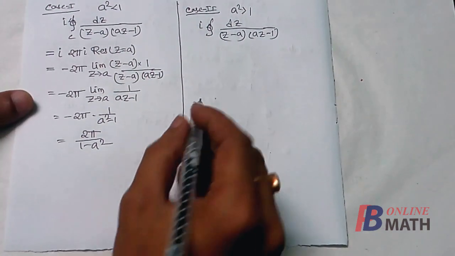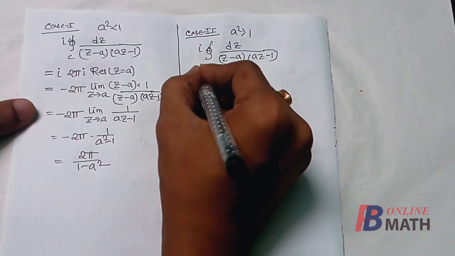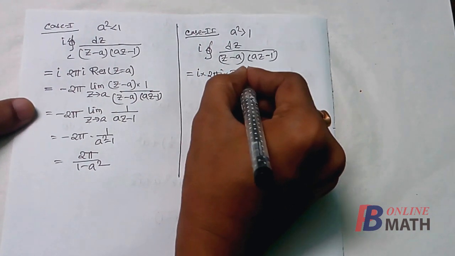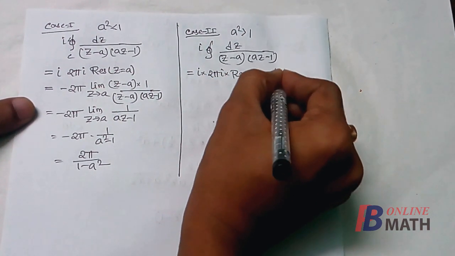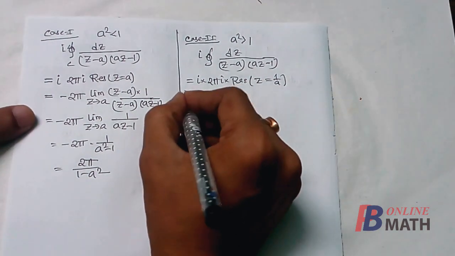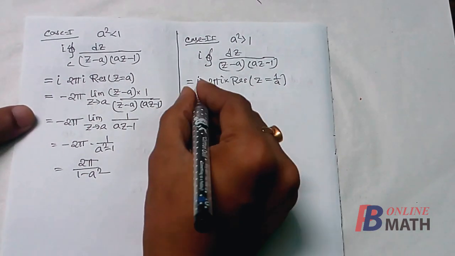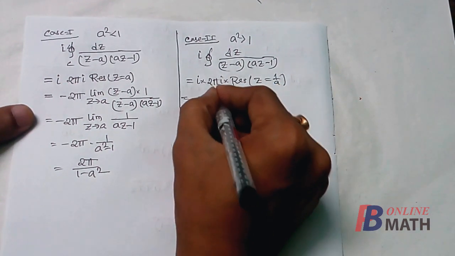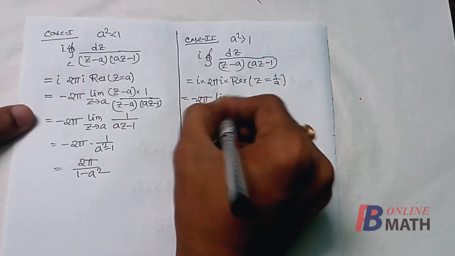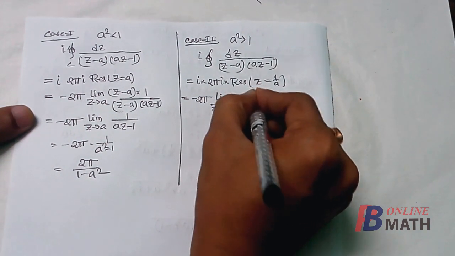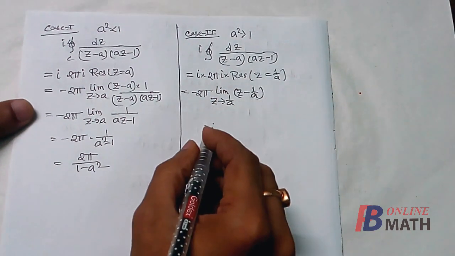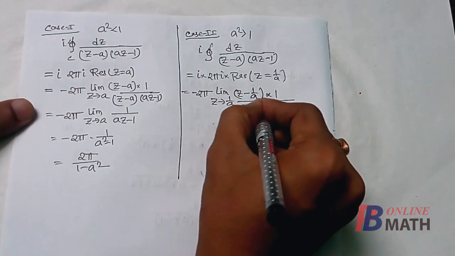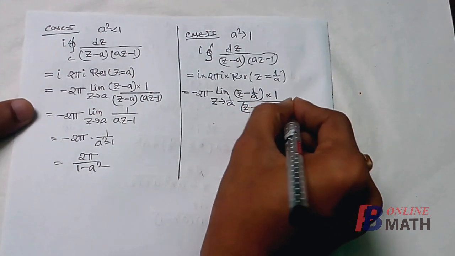Hence by Cauchy's residue theorem we can write it, this is I multiplied by 2 pi i into the residue at z equal to 1 by a. Which can be written as, i square is minus 1, so minus 2 pi multiplied by the residue at z equal to 1 by a, which is defined by the limit as z tends to 1 by a of z minus 1 by a multiplied by the integrand, and the integrand is 1 by z minus a into z minus 1 by a.